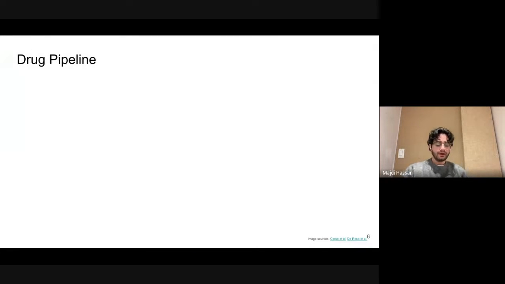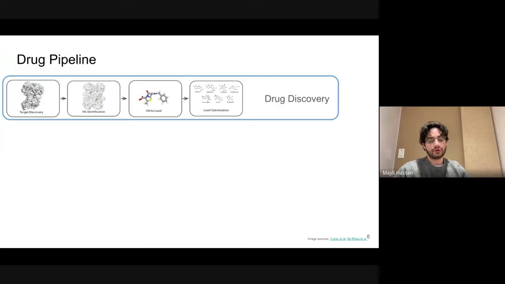And the compound to drug journey usually follows this pipeline. The drug pipeline starts off with this first component, which is drug discovery, and there's about 4 components to this. It starts off with target discovery, and then hit identification, hit to lead, and lead optimization.